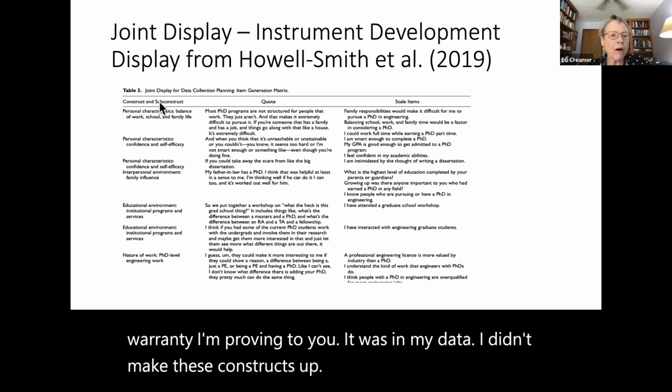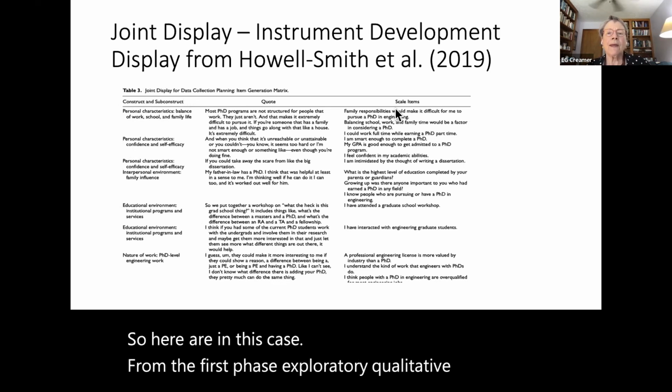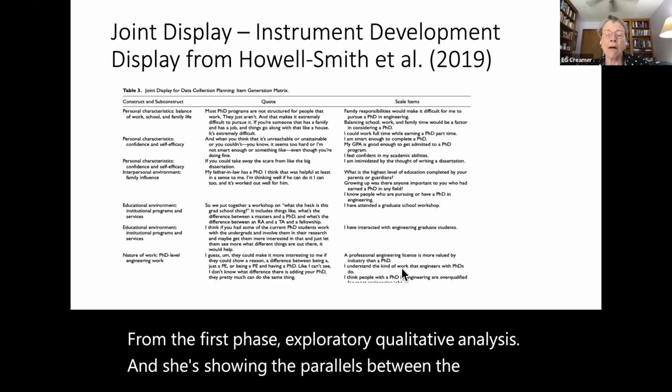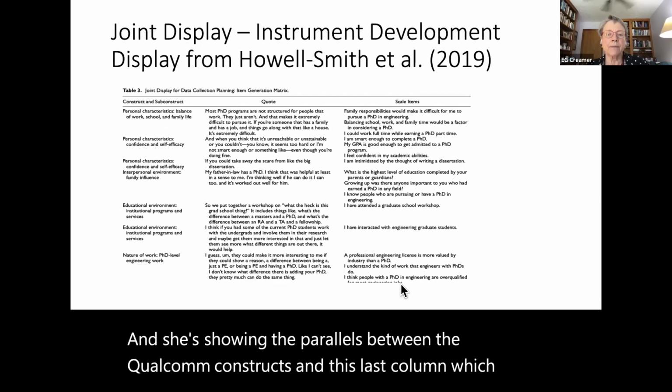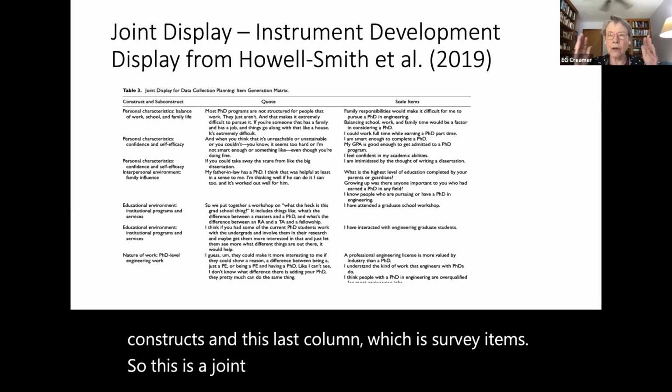So here are, in this case, from a first phase exploratory qualitative analysis. And she's showing the parallels between the qual constructs and this last column, which is survey items. So this is a joint display that's called an instrument development display.